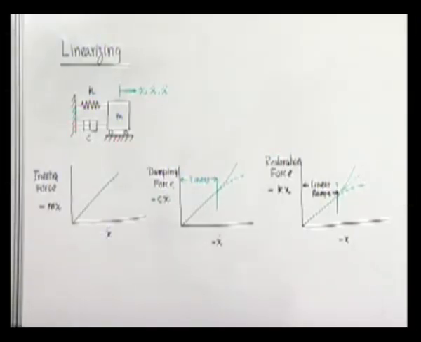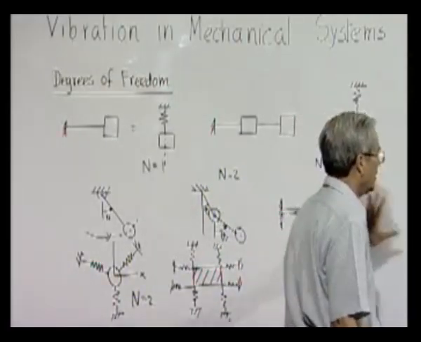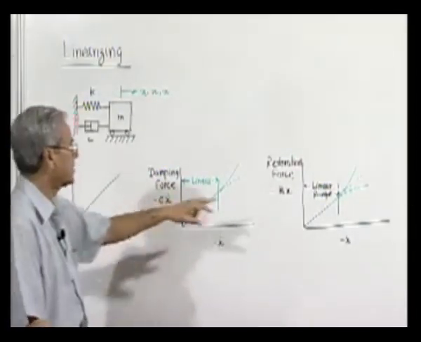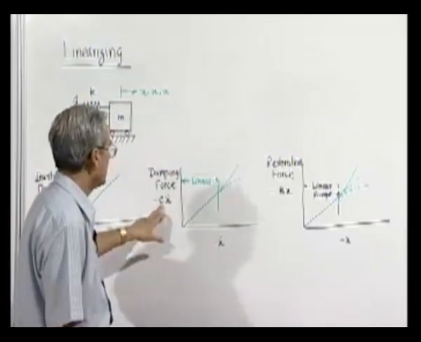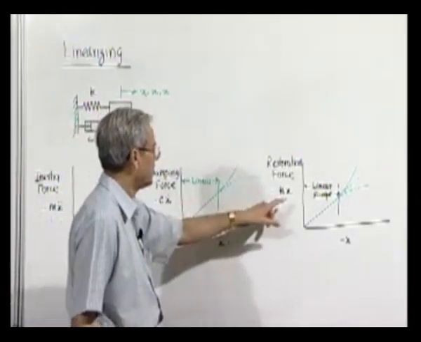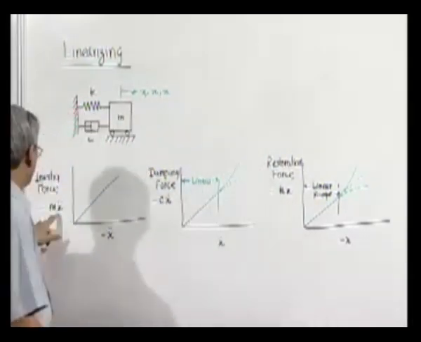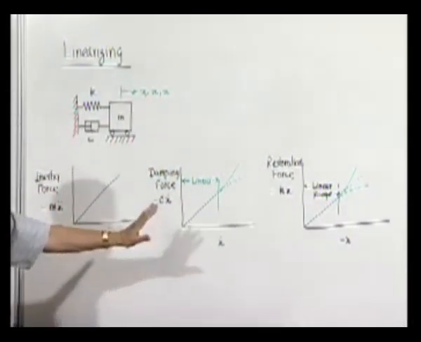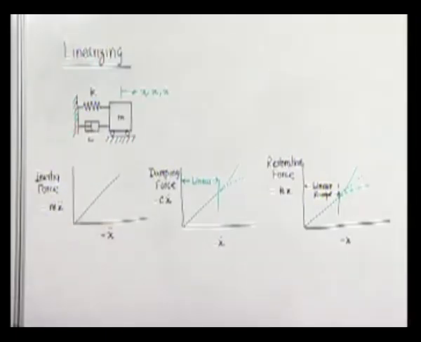But when we develop the mathematical model, we treat the whole system as linear. That means m is constant, c is constant, and this is proportional to x dot, this is proportional to x, this is proportional to x double dot, like that. They are all linear functions of the respective motion parameters.